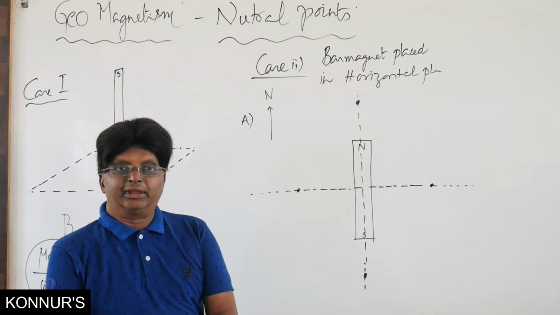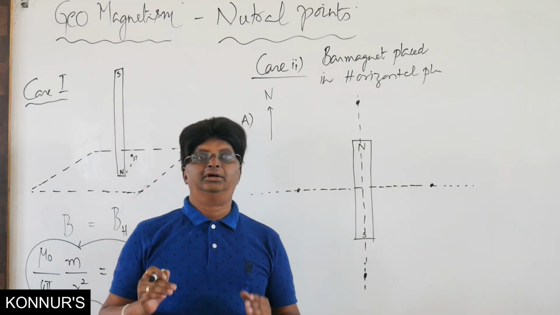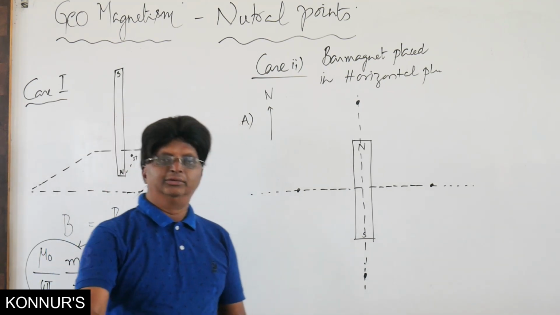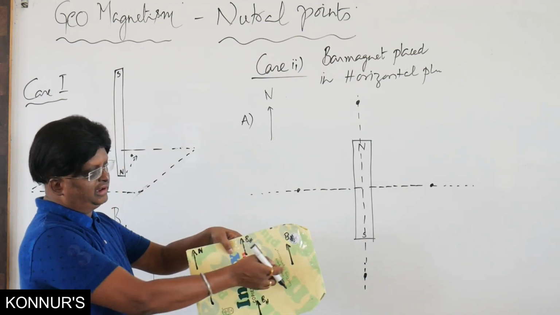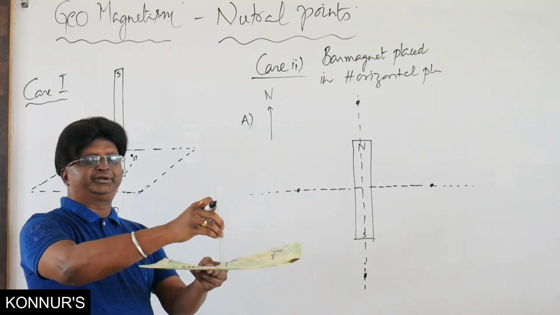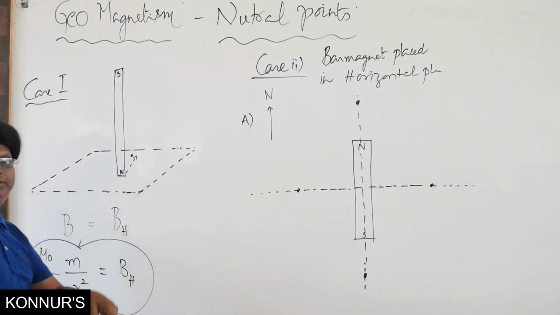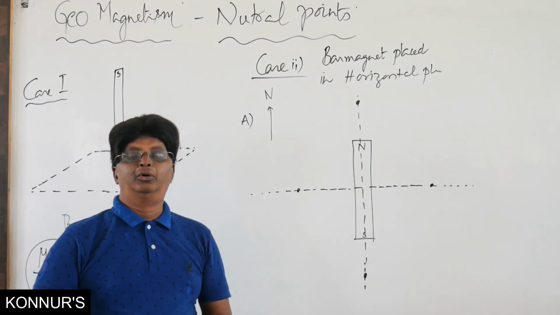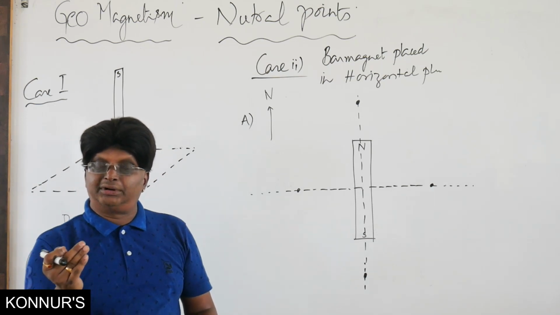Repeating, BH is directed from geographical south to north. Therefore, in this case, this is geographic north. I am taking BH, BH, BH. Now supposing I have placed a magnet like this, and here I have shown the north pole lying on the horizontal plane. For the north pole, the magnetic induction is away from the pole; for the south pole, the magnetic induction is towards the south pole.